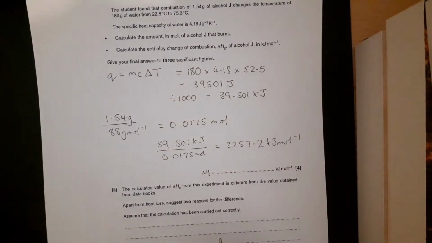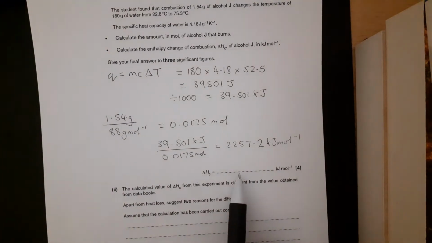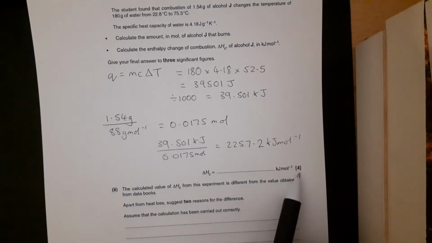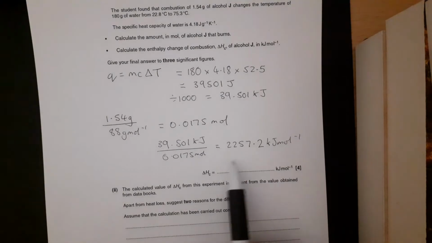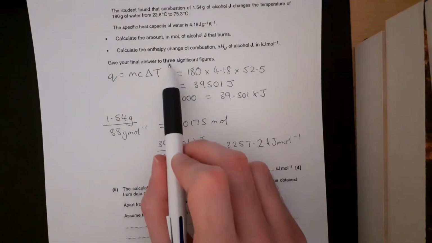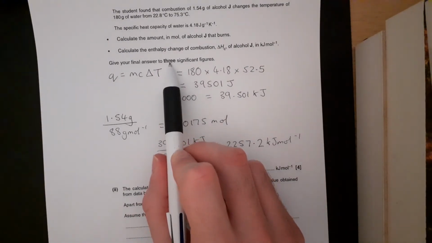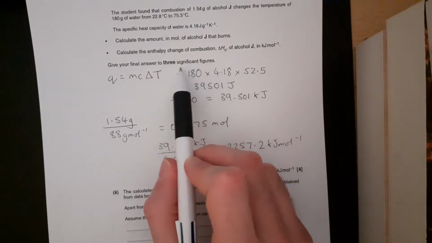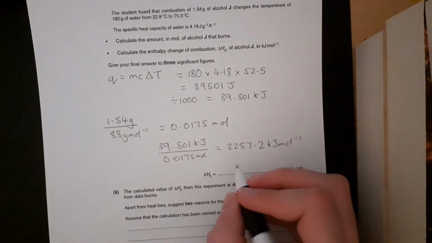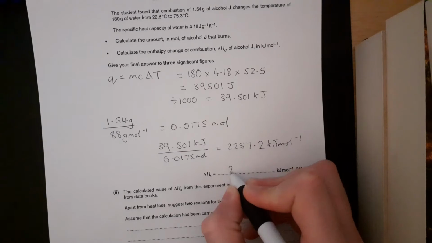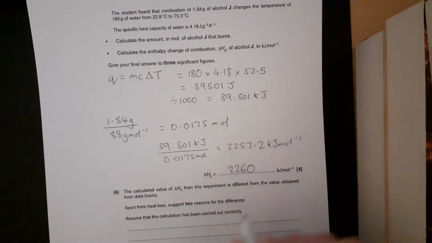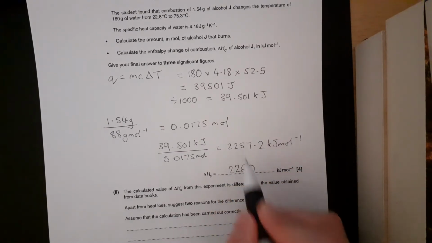But now we always need to be careful with how we write our answer down for these questions. These questions are always worth 4 marks, and the 4th mark is always for writing it correctly. We need to do it to the right number of significant figures. You almost always specify in these questions. So here we want this to be 2,260. I'm going to round up here.